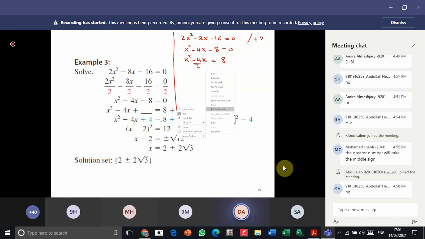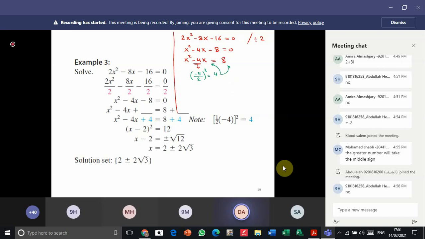So we need to take the negative 4, always divide by 2 and find the square. What does this equal? Minus 4 over 2, we have negative 2. Negative 2 squared, we have 4, always a positive number because we have a square. So we must add 4 here and here.